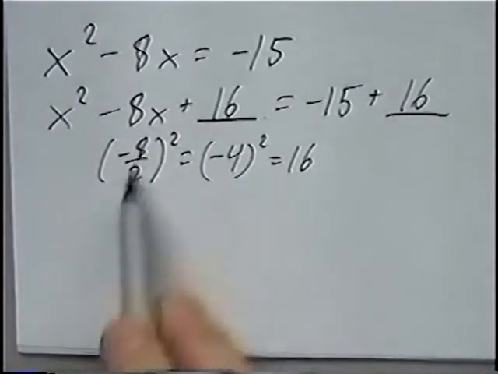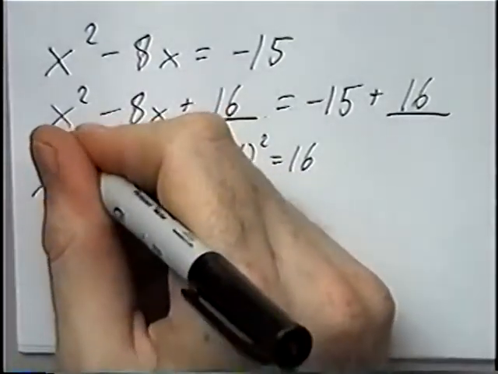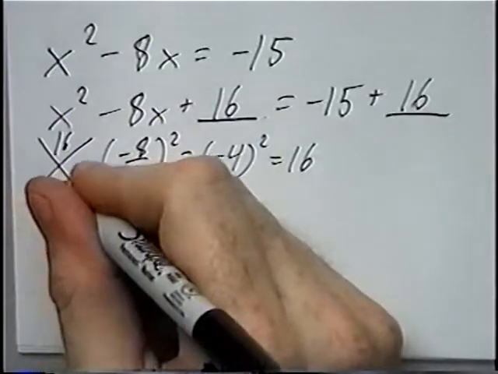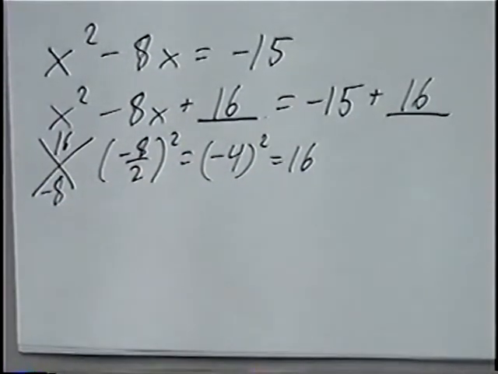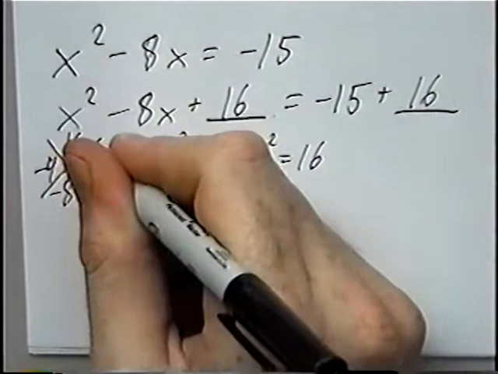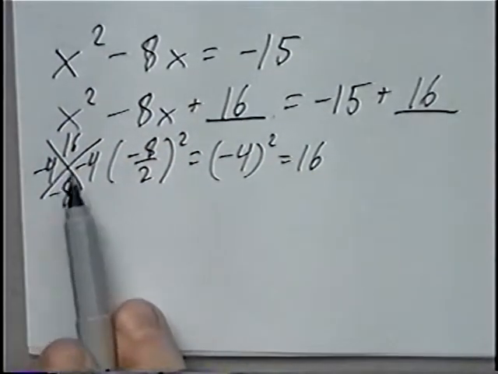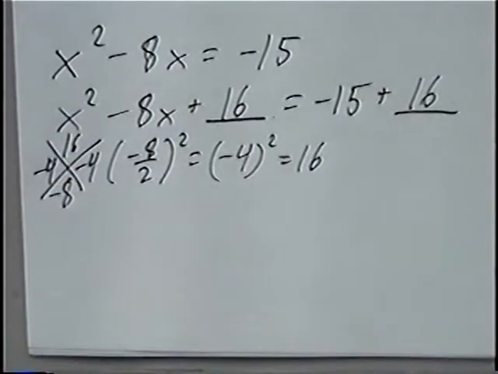Factoring, x squared minus 8x plus 16. 16 will be the product, and negative 8 the sum: two numbers that multiply to get 16 and add to get negative 8. Those two numbers are negative 4 and negative 4. When you complete the square, the number after you divide by 2 will always be the number in the solution.